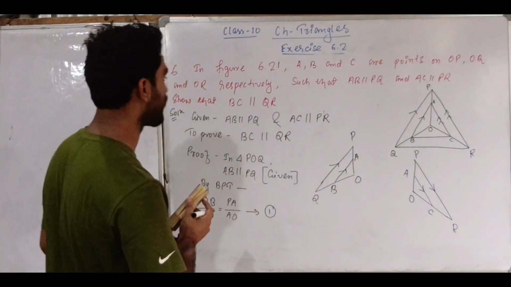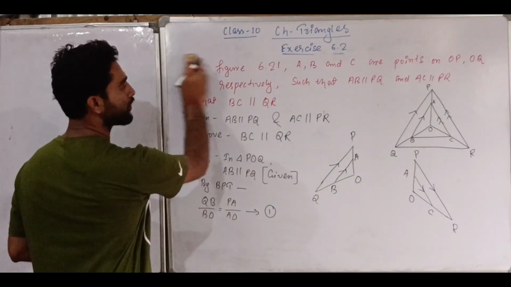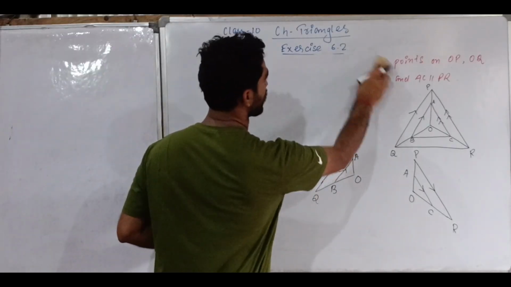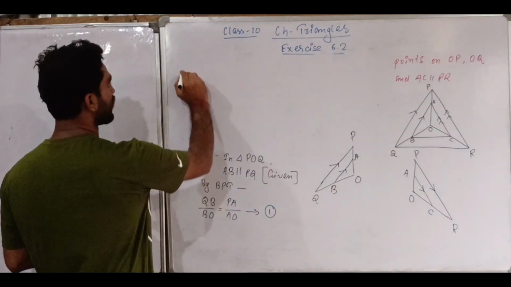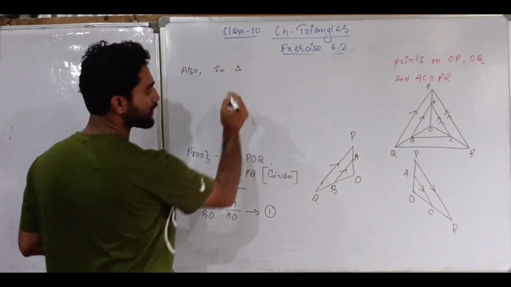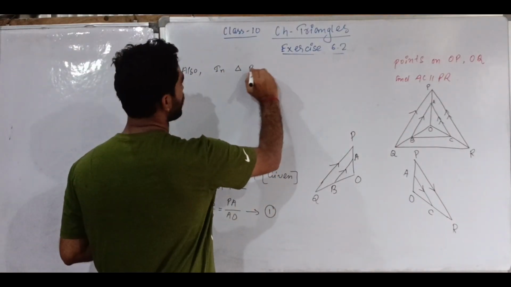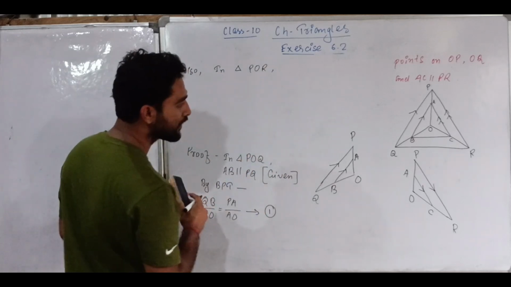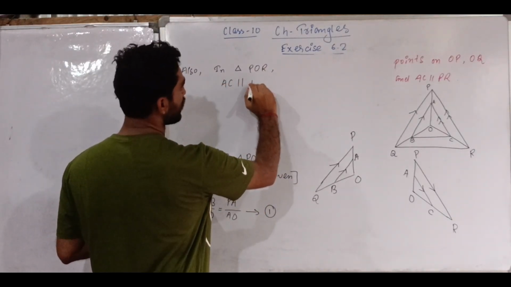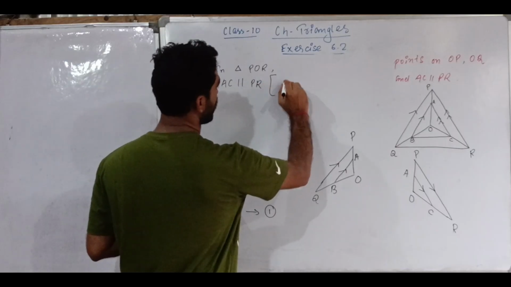This information is given in the question. So also in triangle POR, which two lines are parallel? AC is parallel to PR, given.